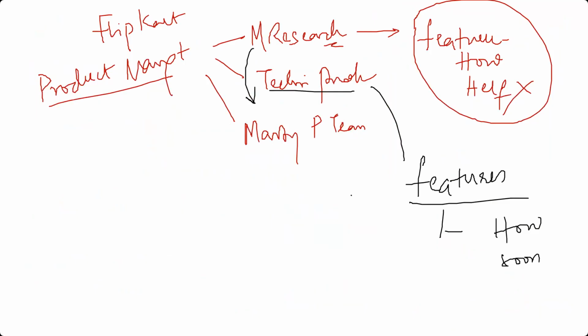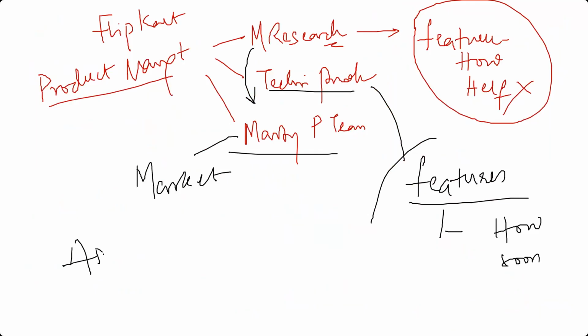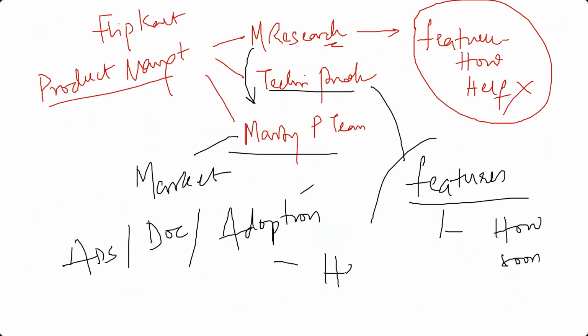Then once the product is built and released, there is a marketing product management team who go out and market the product. So they do ads, they do documentation, they also do adoption studies. There are tools like Heap and Pendo, which capture the click information.